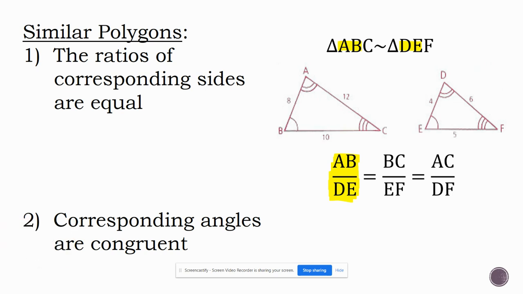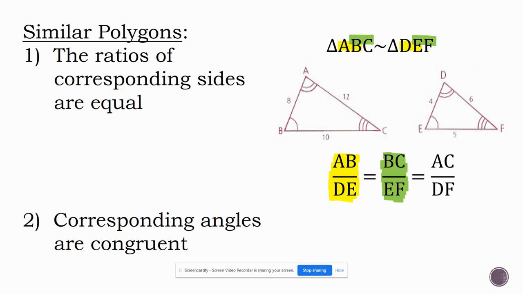Notice that if I look at the last two letters of the first triangle and the last two letters of the second triangle, they are corresponding. They've created this second ratio. BC is a part of the first triangle. Since AB was a part of the first triangle and I put that on top, I'm putting BC on top as well.